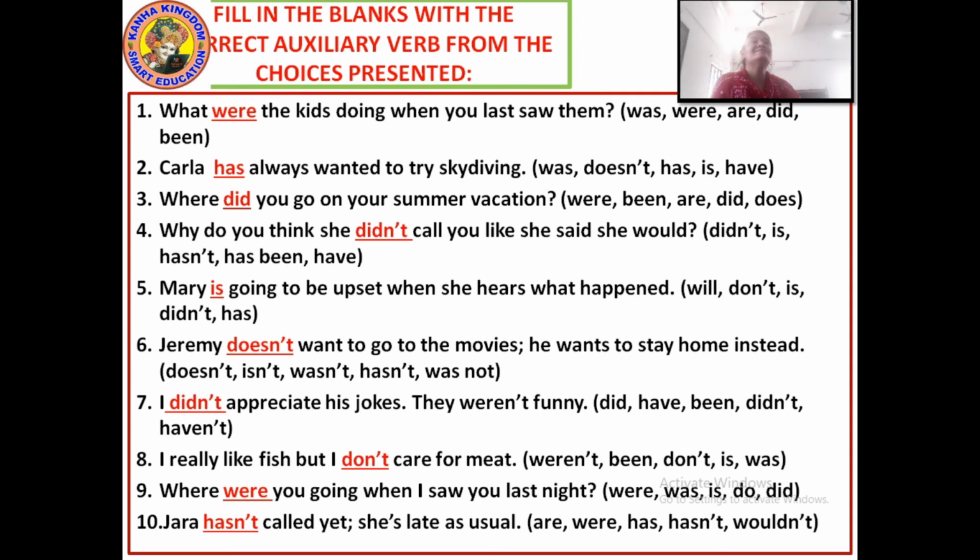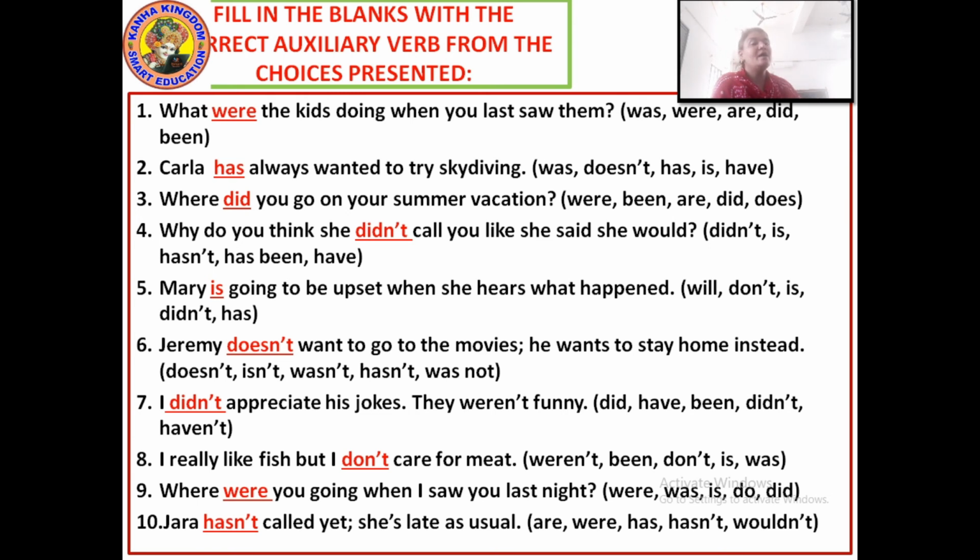Is it plural or singular? If it is a plural form, then you will use plural auxiliary verbs. If it is singular, you will use singular auxiliary verbs. So here we have used were.